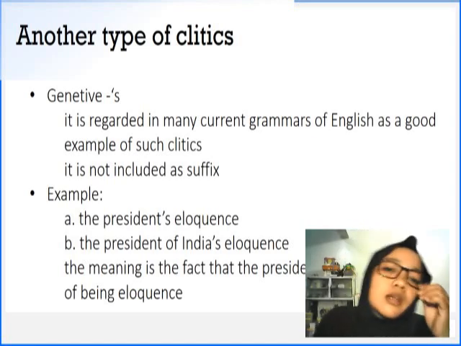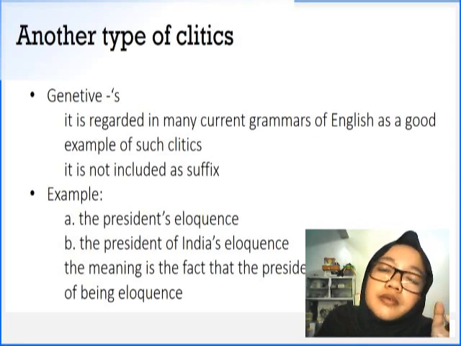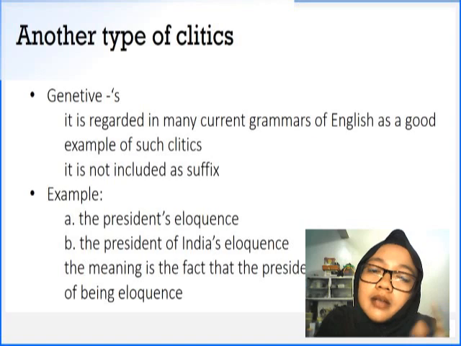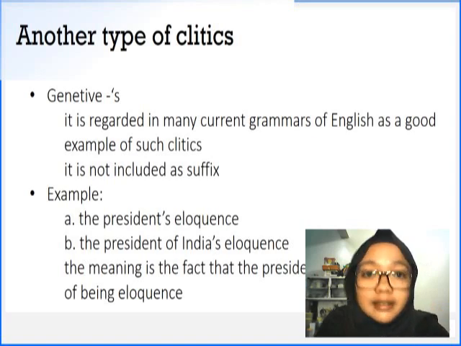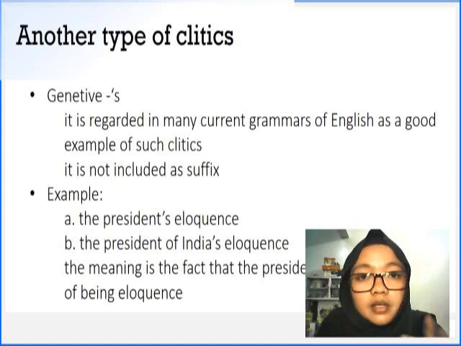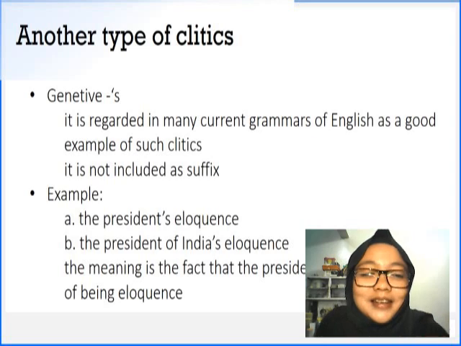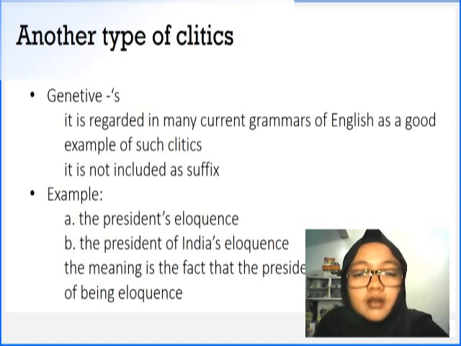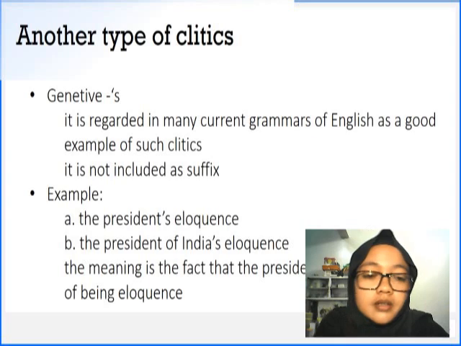Like we say, possessive: Mary's hat. The apostrophe s is the genitive s that belongs to clitics. Those are other examples of clitic. You got a point? Just say yes. You can review back, play back the video so you can listen more and more and get a better understanding.